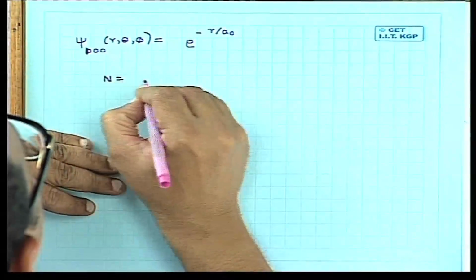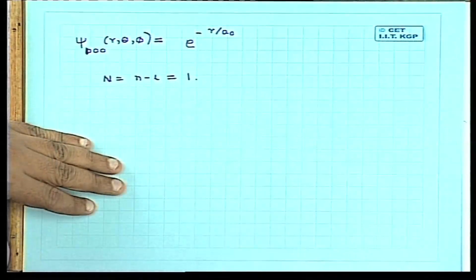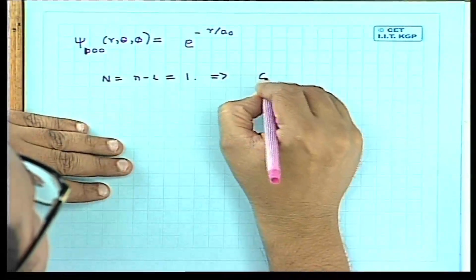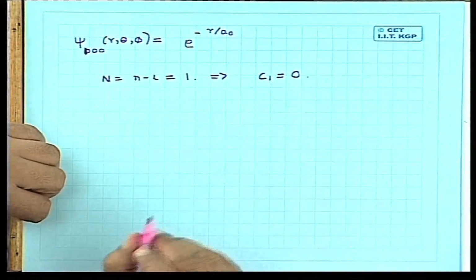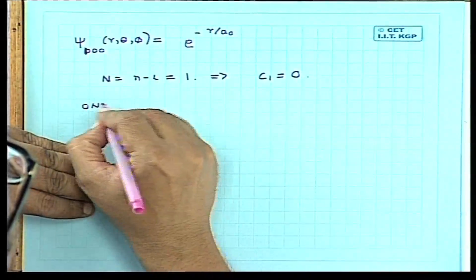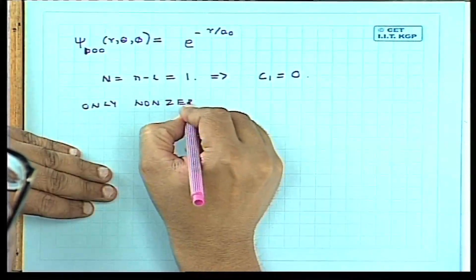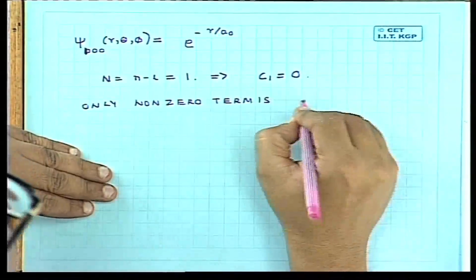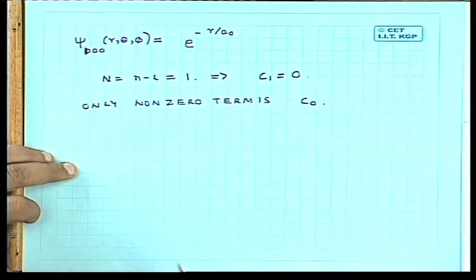N is equal to n minus L, which is equal to 1 in this case, which implies that C1 is equal to 0. So the only non-zero term in that series expansion is C0, some constant. So the wave function has been determined.